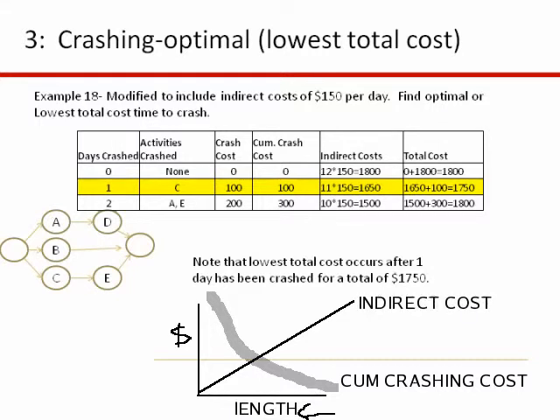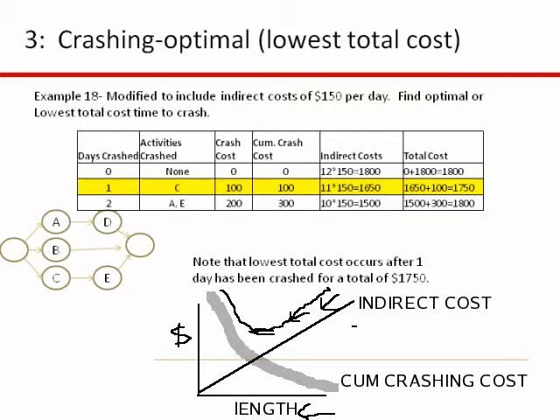All right, so if you look at a total cost, it looks something like this. Okay, so this U-shaping line is your total cost. And so with this type of problem, what you're going to do is you're going to keep shortening and shortening and shortening, and you're going to come down this total cost curve until you hit the minimum.